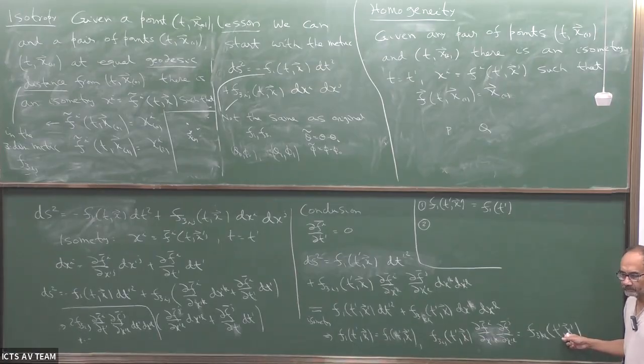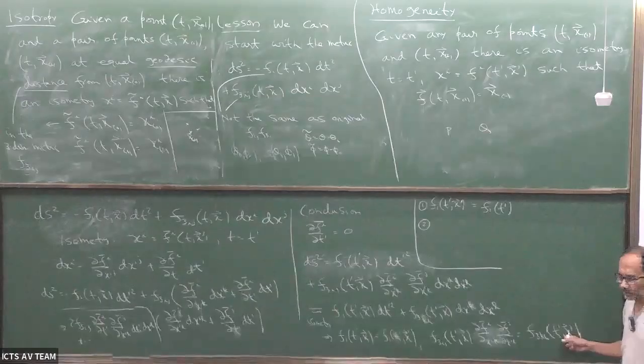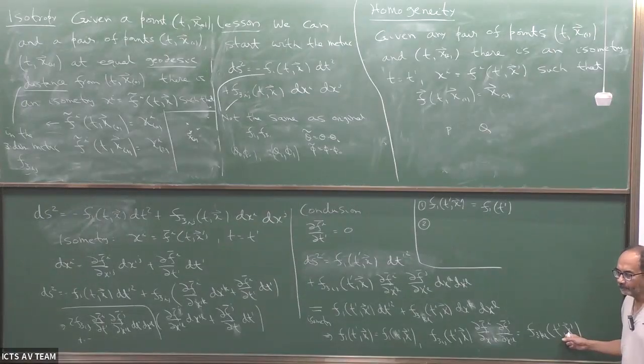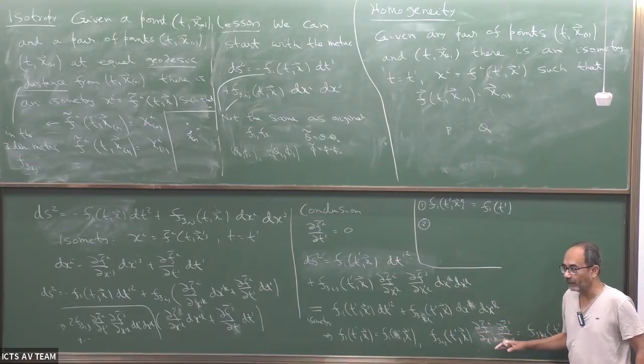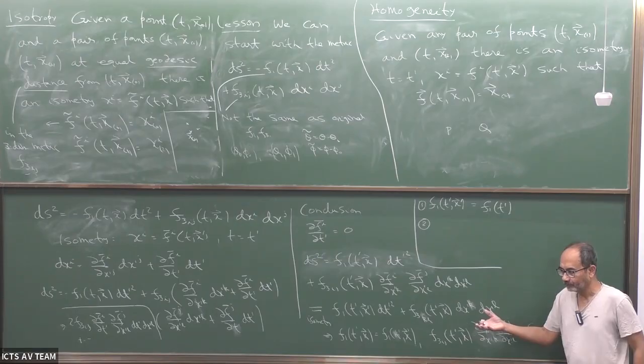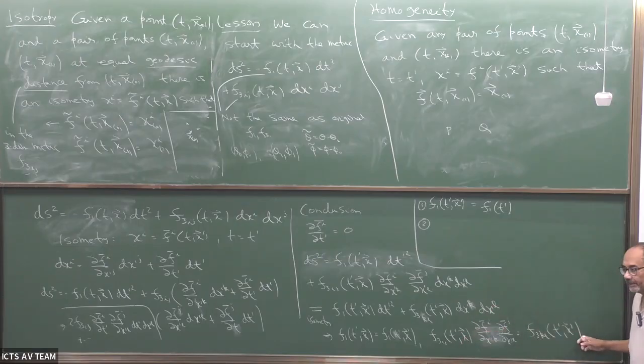So what is it saying physically? This is what it would have been if it had transformed like a matrix. That would have been F3 prime of T prime X prime. That's the definition of a transformation. But it's saying F3 prime of T prime X prime is F3 of T prime X prime.